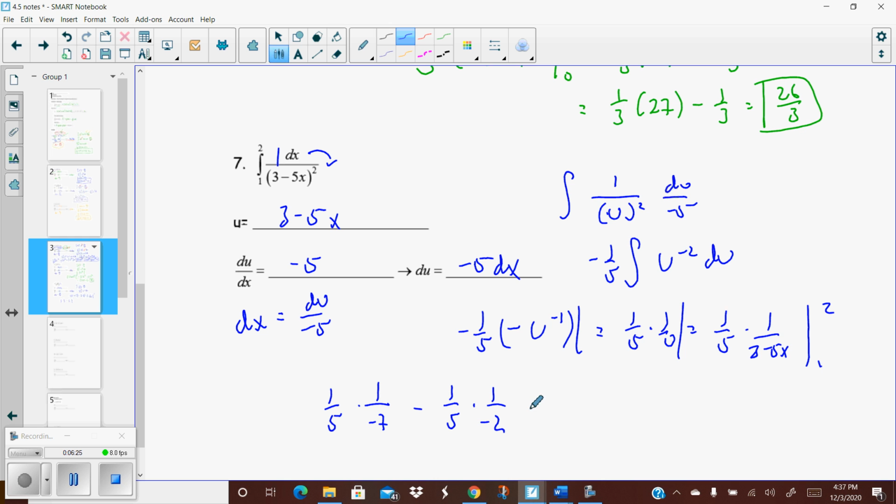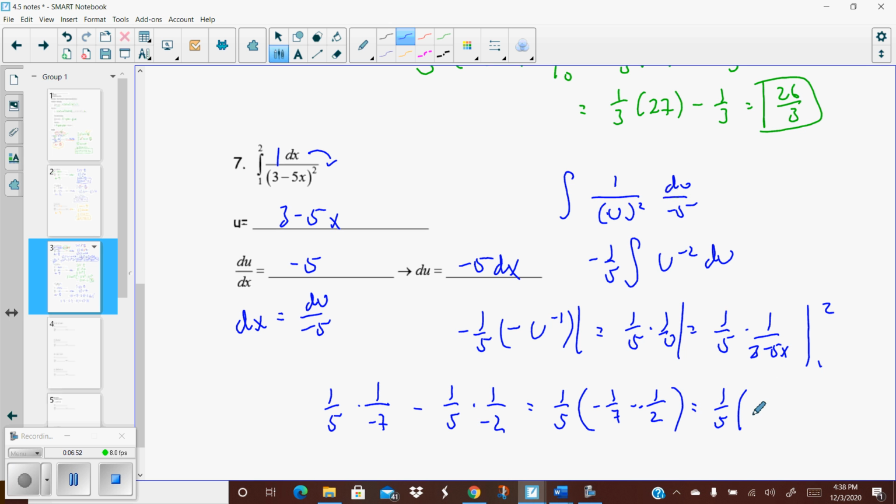So it looks like it'll be easier to factor the 1/5 out, although you don't have to. And then I'm going to get negative 1/7 minus 1/2. So in order to simplify this, I'm going to have to get a common denominator.